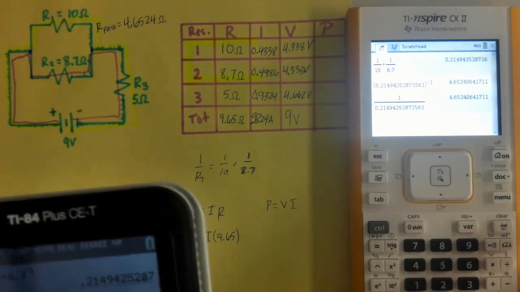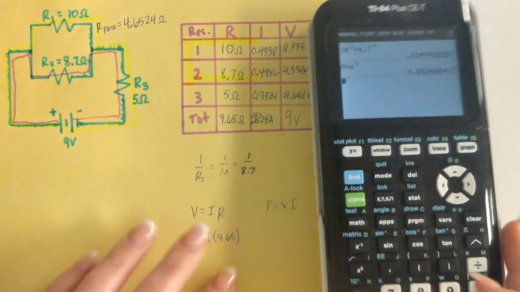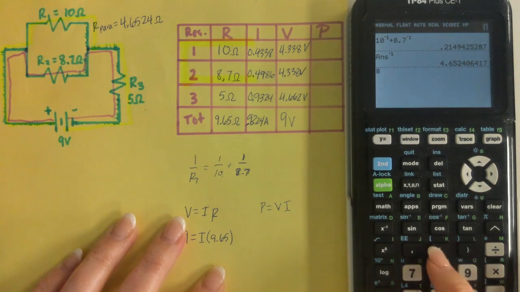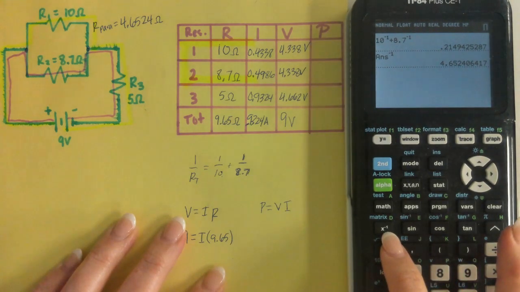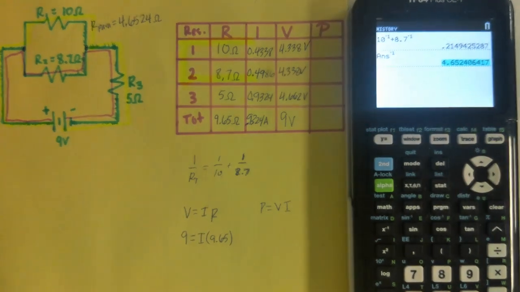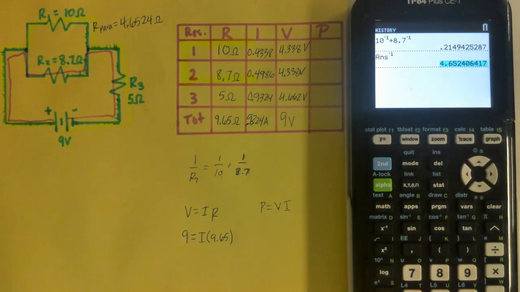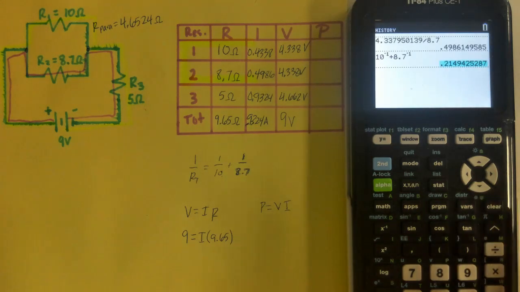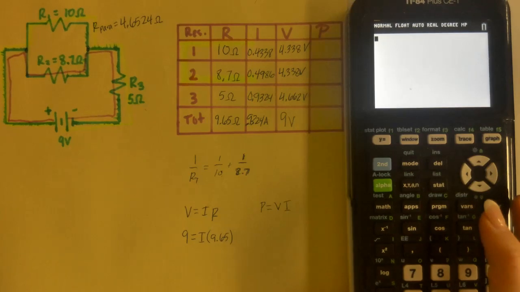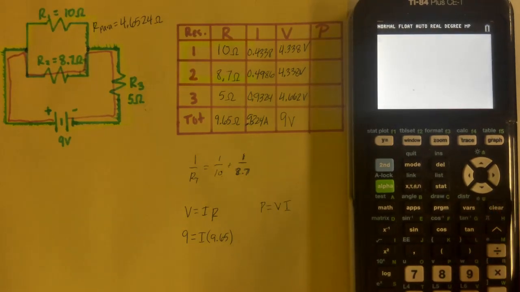Or if you have your own calculator, a TI-84 or something other than an Inspire, all of these other ones have this button, and this does make it super quick, because you can type 10 to the negative 1, that's 1 over 10, 8.7 to the negative 1, that's 1 over 8.7, and then get the inverse of the answer using that same shortcut button. So if you've got it, I would recommend using the 84 over the Inspire for this, because it is just a little bit faster.